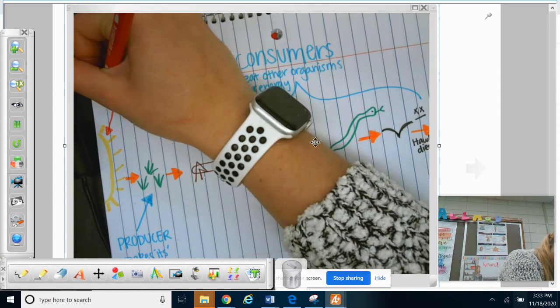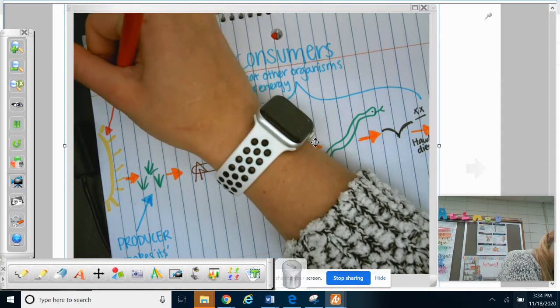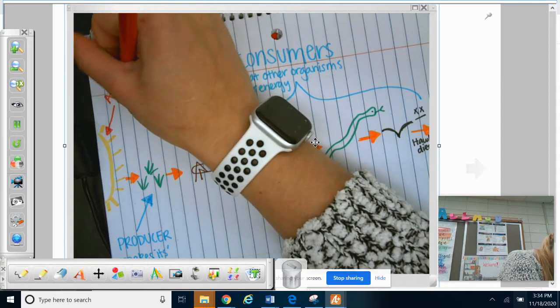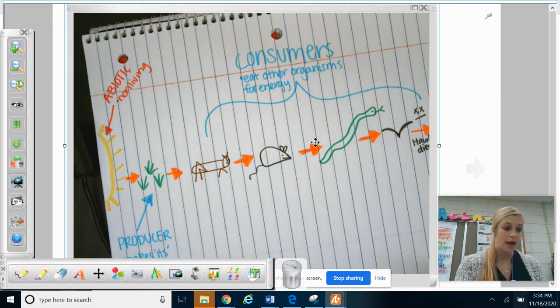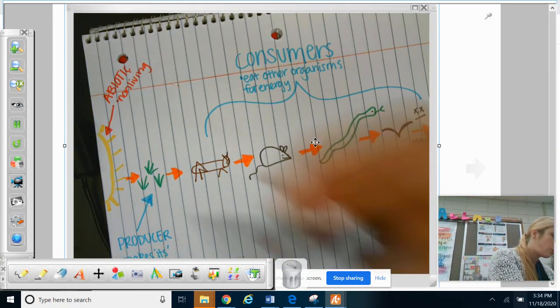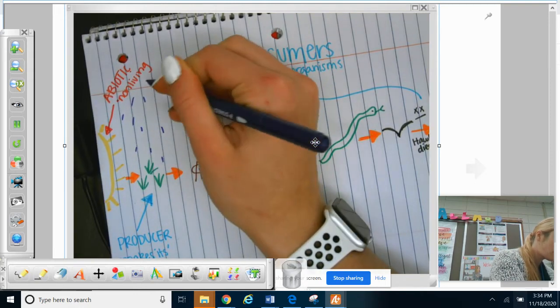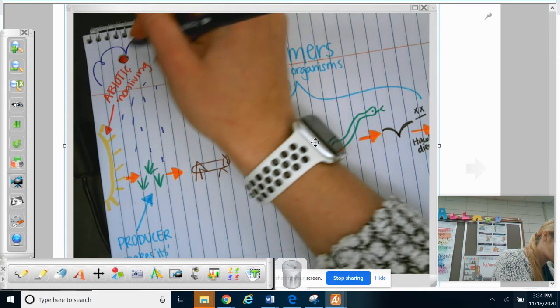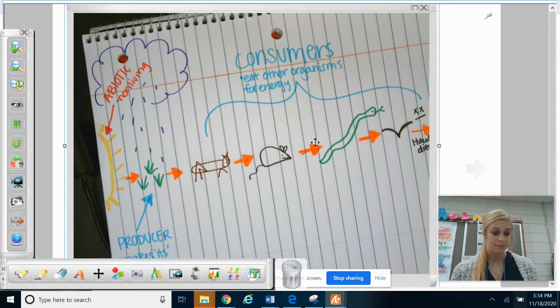So our sun is abiotic, which means non-living. If we had some raindrops falling from a rain cloud, that's abiotic.